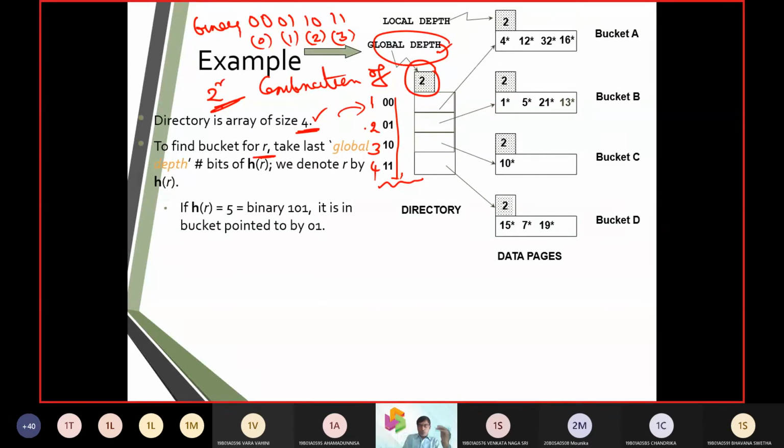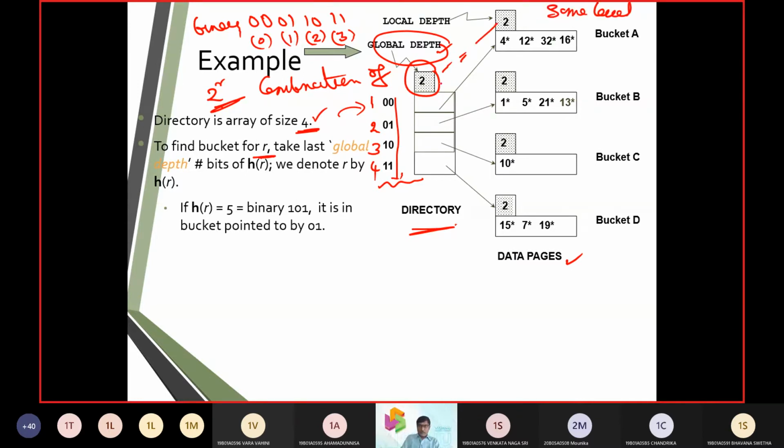Now, from the directory structure, it is mapped to the data pages. You should understand, girls, here 2 and 2 are of the same level.